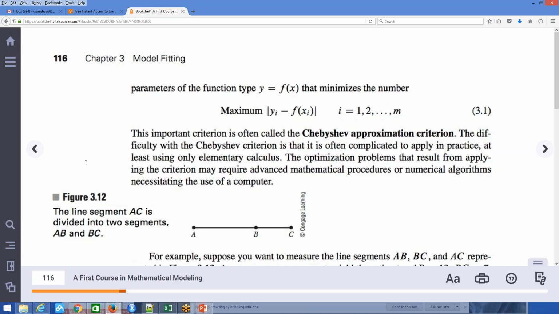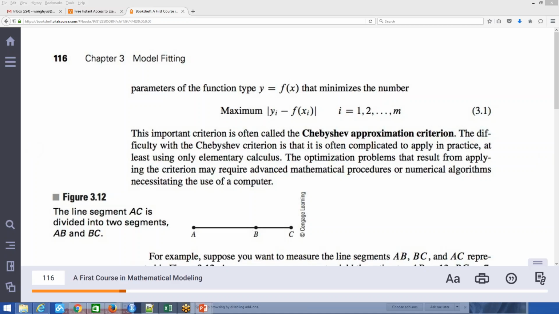But in regression, we're trying to minimize the sum of squares of the error. So it's different. In certain problems, it fits better to use the Chebyshev approximation criteria. In certain other problems like regression, using regression itself is probably better. So it's just different methodology here, essentially.